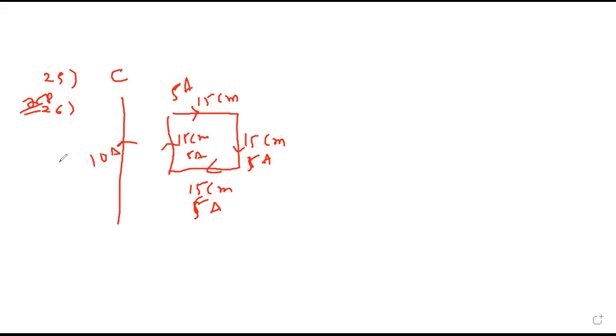So first I'm telling, if this is current I1, this is current I2. So force on the coil will be only when there is a field, given by the formula ILB, on these sides A, B, C, D. What will be the direction of field due to current I1 on AB? Direction of field on AB, outward or inward by right hand thumb rule?